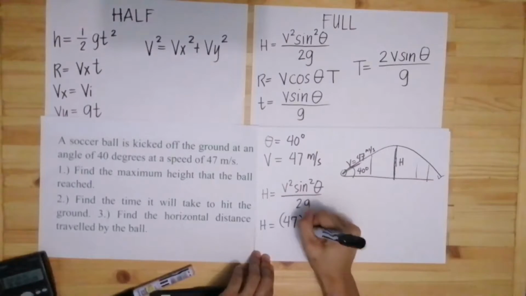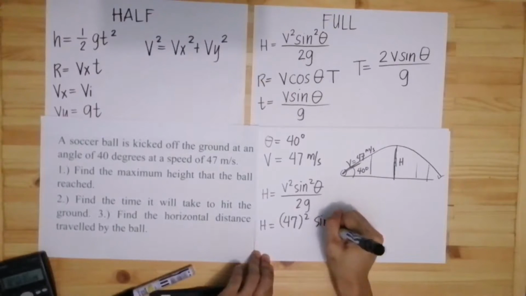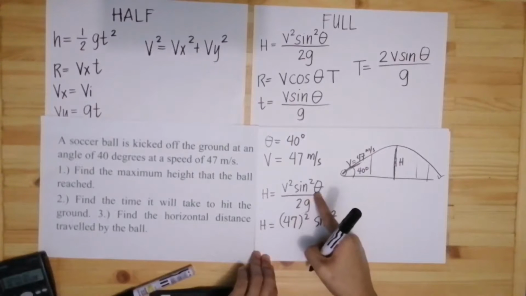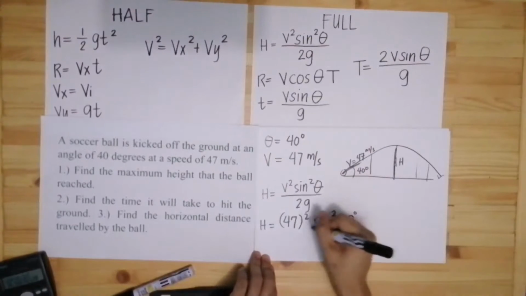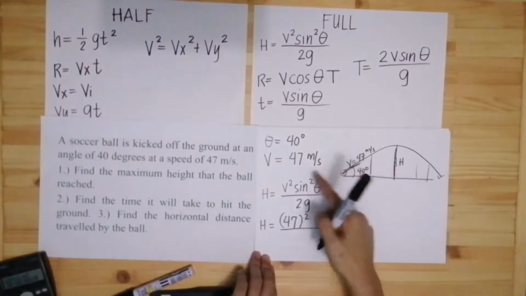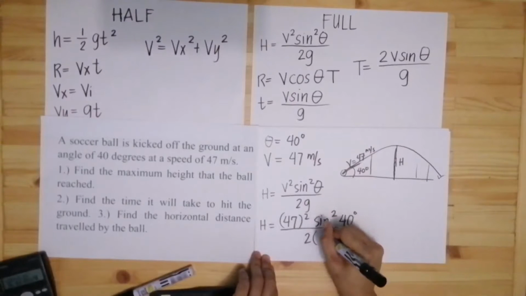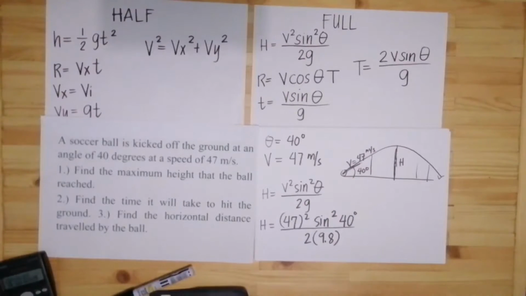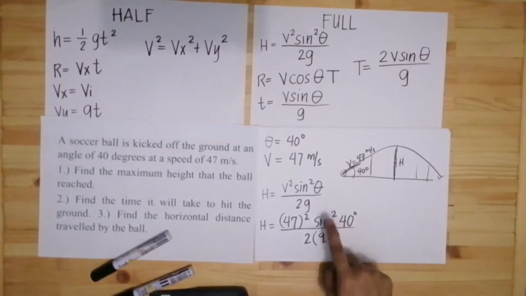Pero that is squared. V squared. Then sine squared. Yung theta natin ay 40 degrees. Divided by 2G. So, 2. Yung G natin ay is equal to 9.8 meter per second squared.